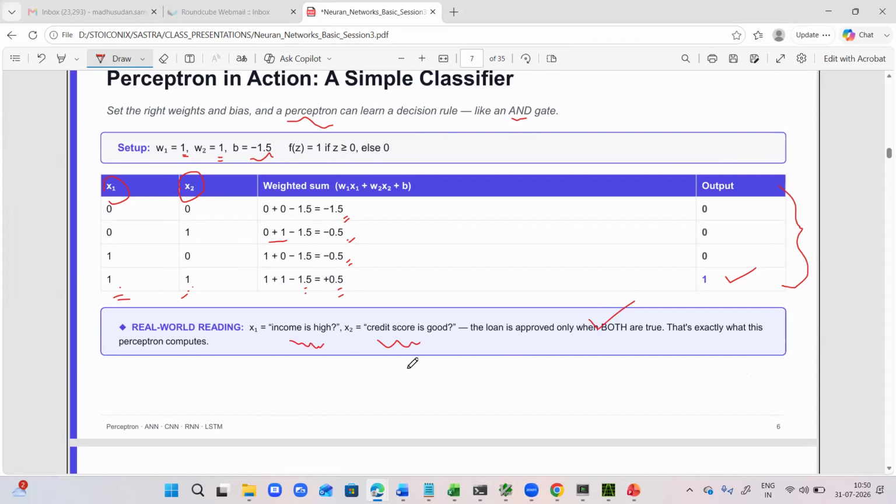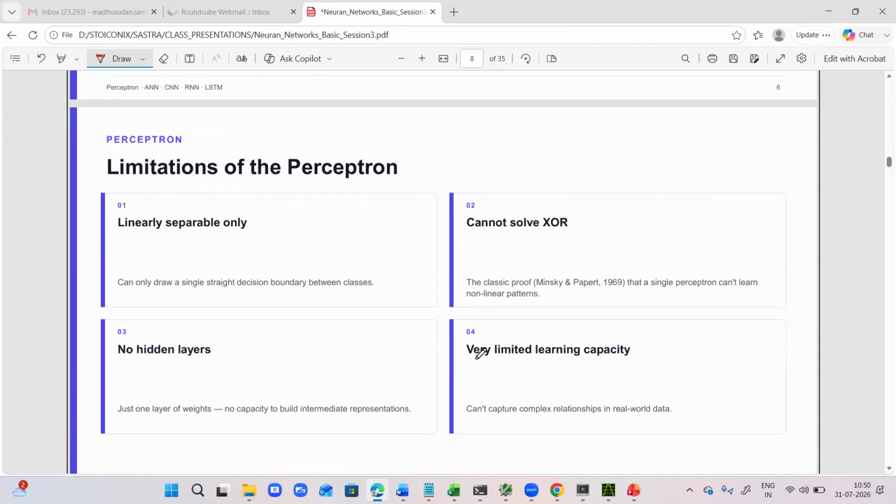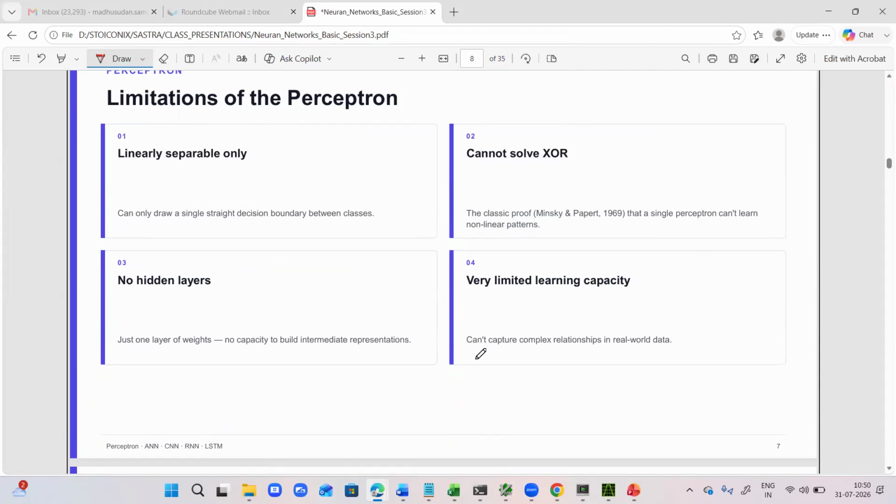And as I told you before, this forms the foundation upon which the other advanced artificial neural networks are built. So it is important that we understand how a perceptron works. The perceptron also has certain limitations.